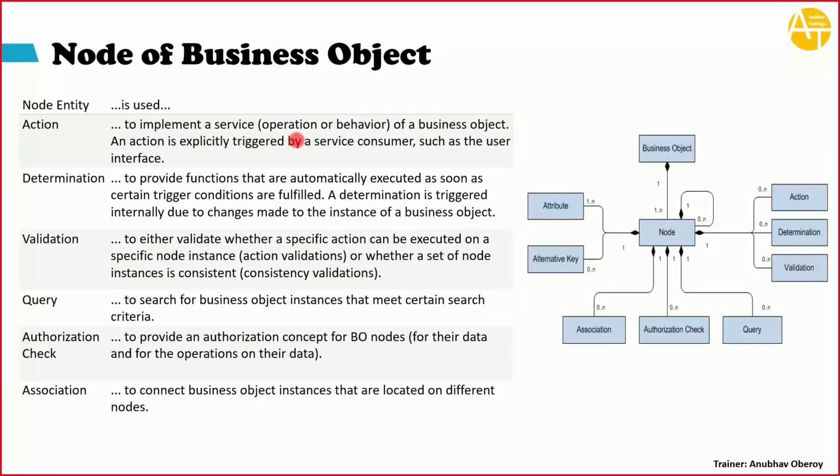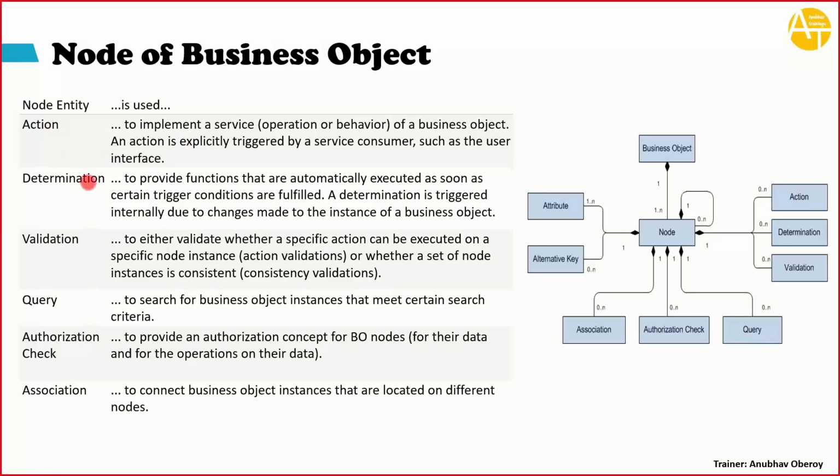An action is explicitly triggered by a service consumer such as the user interface. Let me take an example. There is a sales order business object entity, or sales order node. When somebody approves the sales order, it's an action. You are saying approve the sales order, which means you're performing an action. You are saying the state of the sales order will now elevate to approved. So that's an example of an action.